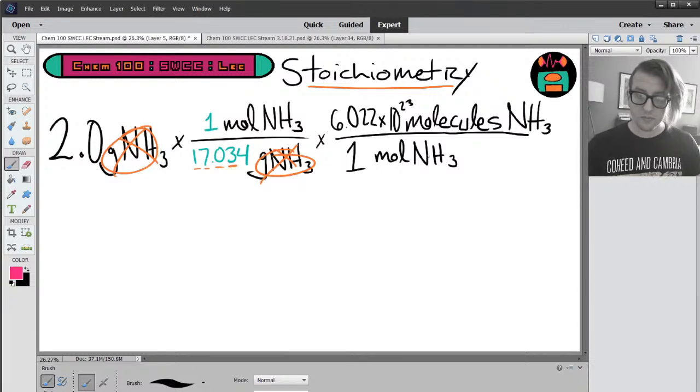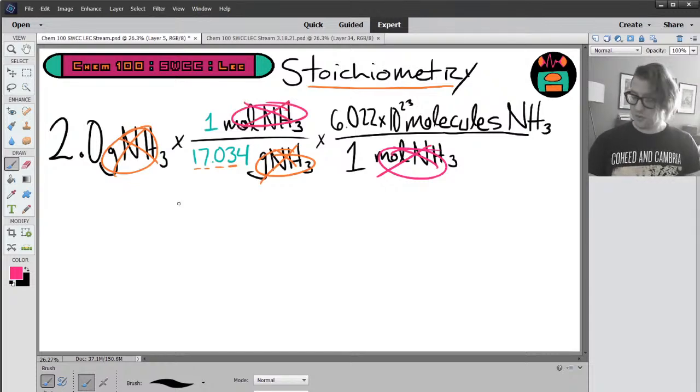Now, moles of ammonia cancel moles of ammonia, and we're ready to crunch some numbers. So we have 2 divided by 17.034 times 6.022. Hang on, sorry, I messed up my calculation. 2.0, not times, divided by 17.034 times 6.022 times 10 to the 23rd.